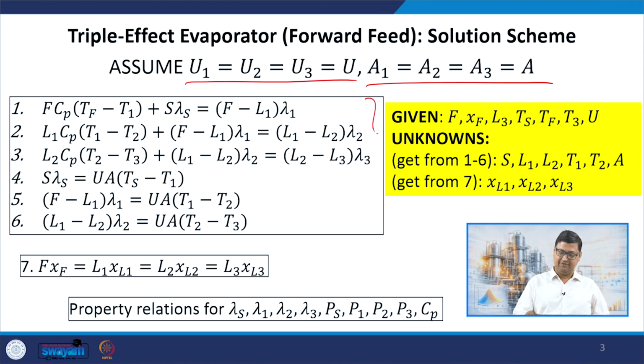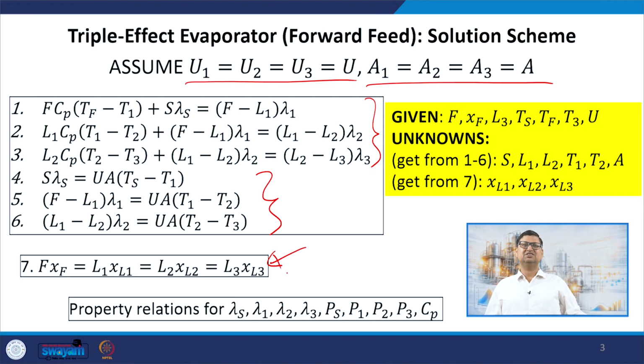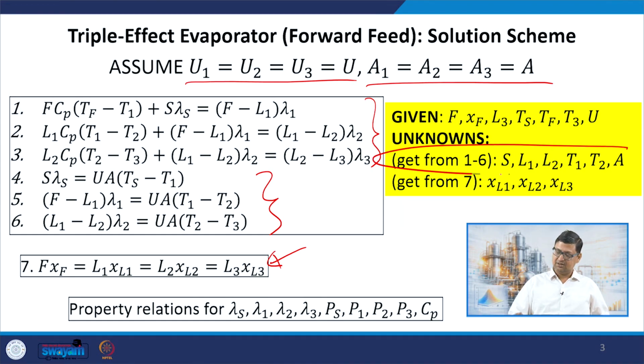So we essentially have 3 energy balance equations and 3 heat transfer equations, and of course there are 3 other solute balance equations, but that is kept separate because the mass fractions appear only in these last 3 equations. They don't appear in the first 6 equations, right? The general method which I proposed was to get these 6 variables from the first 6 equations, and once you have that, the mass fractions can be gotten from the solute balance equations.